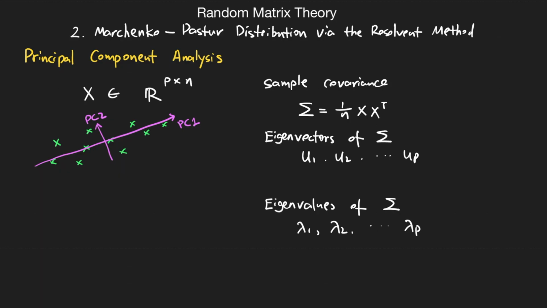The eigenvectors of sigma, U1 to UP, tell us the principal directions. Basically, we want to project data onto those principal directions. That gives us the principal components. And the eigenvalues of sigma tell us the variance of the principal components.